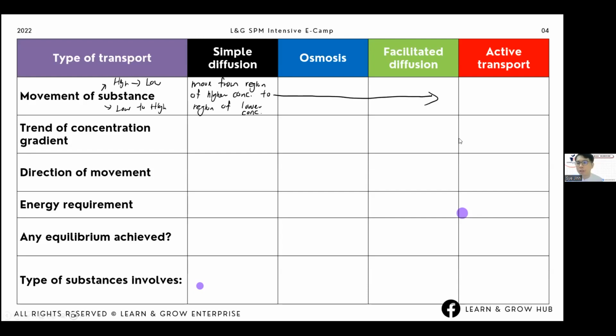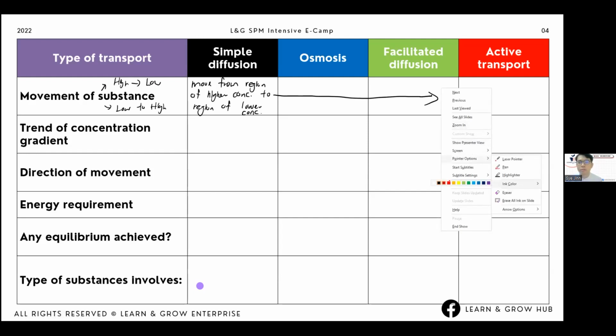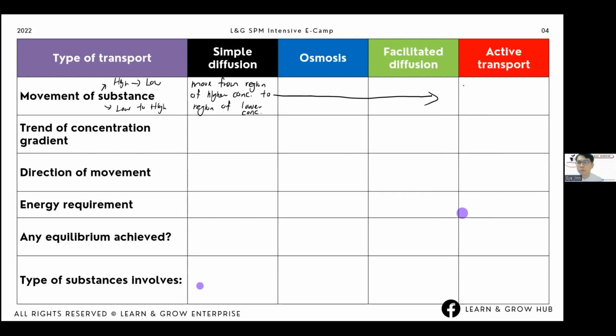But for active transport, the theory will be in reverse. So it will be from low concentration region. I will write the full sentence, better.